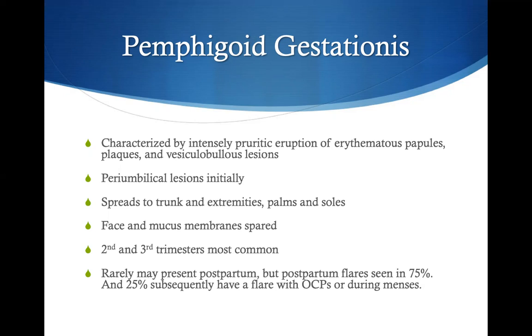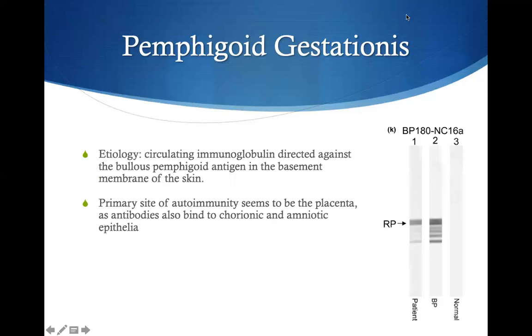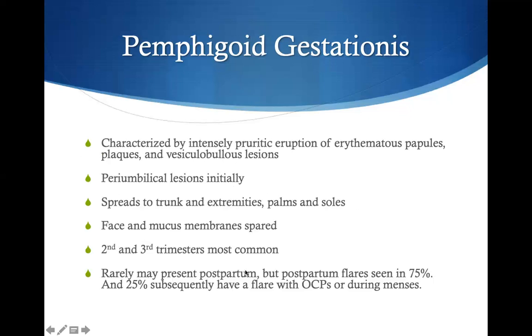As I said, the second and third trimesters are most common. It rarely may present postpartum, but postpartum flares are extremely common. So after delivery, the patient's rash blossoms out again, even if they were well controlled. And then about 1 in 4 patients can have recurrences with birth control pills or during menstrual cycles.